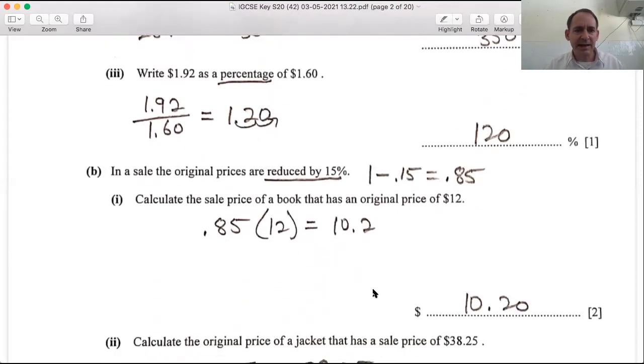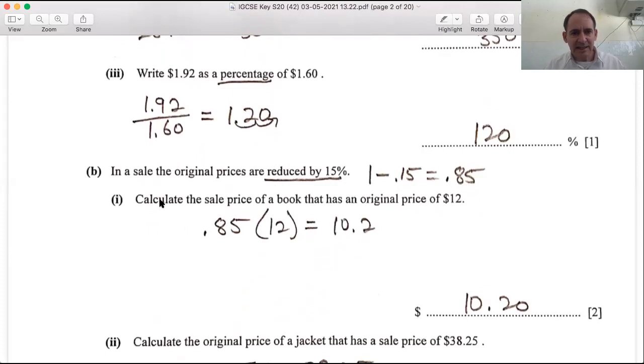Letter B, in a sale, the original prices are reduced by 15%. So again, remember, increase or decrease by a percentage is always from an understood one representing your 100% original. So we have a reduction of 15%, so that's minus 0.15, and that means we have 0.85.